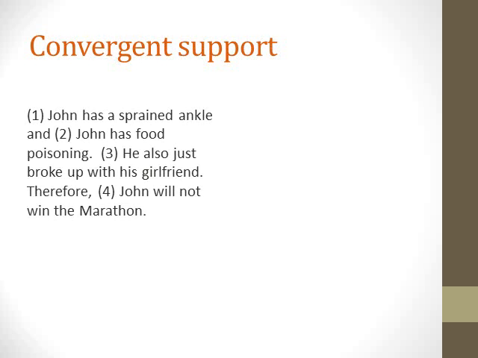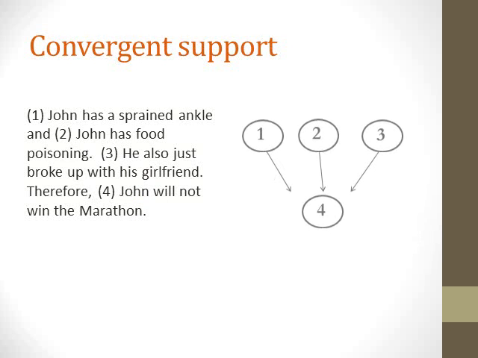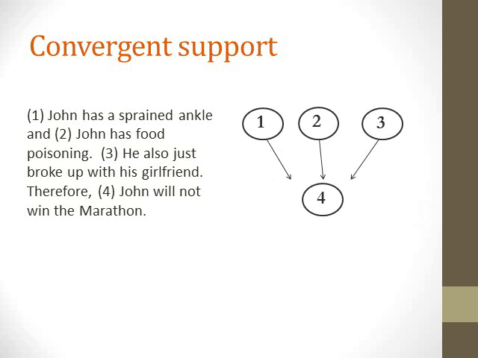But let's just start off in our discussion of convergent support with the argument that we've been dealing with in the previous slide. So the argument that John will not win the marathon. And as we saw, this is represented in a diagram as follows, with 3 premises and 1 conclusion. Now here I want you to notice that each premise supports or gives reason for the conclusion independently.